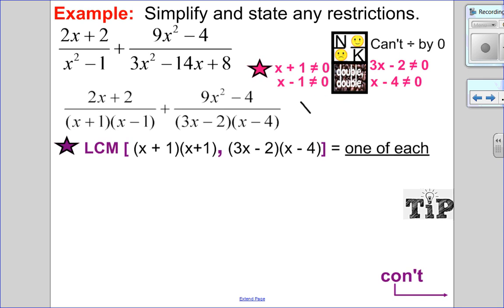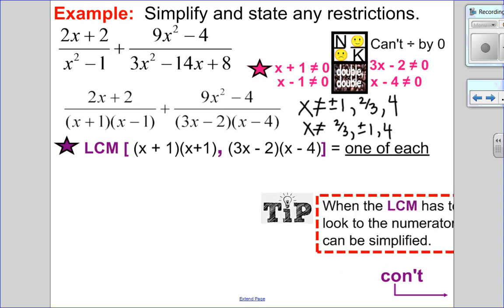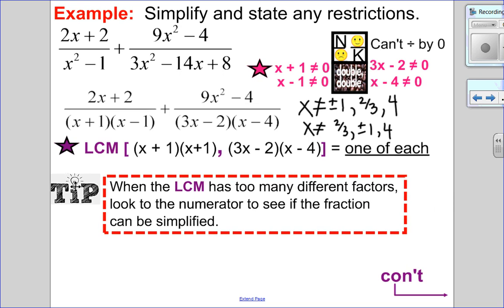Putting that all together, I'm going to have restrictions of positive and negative 1, of 2/3, and of 4. We can put those in numeric order from smallest to biggest, and that would be my restriction. Now, looking at that lowest common multiple, that's a little bit ridiculous. We have 4 factors. So my tip for you is, whenever the lowest common multiple has too many different factors, I bet if you look at the numerator, you might be able to simplify the fraction.